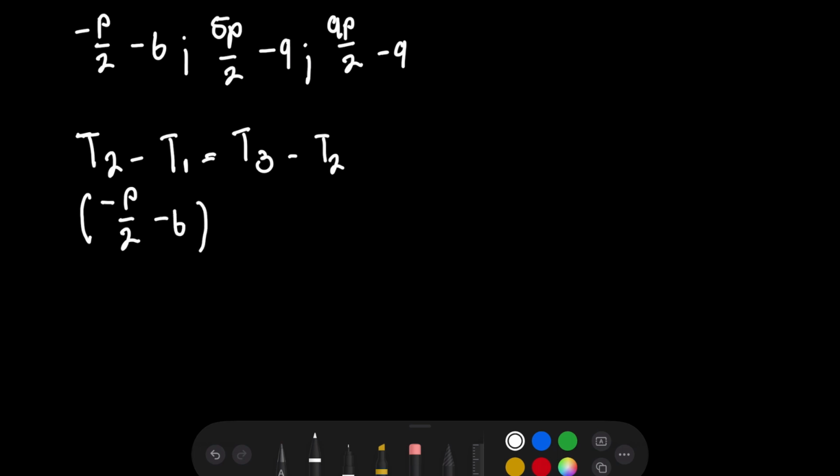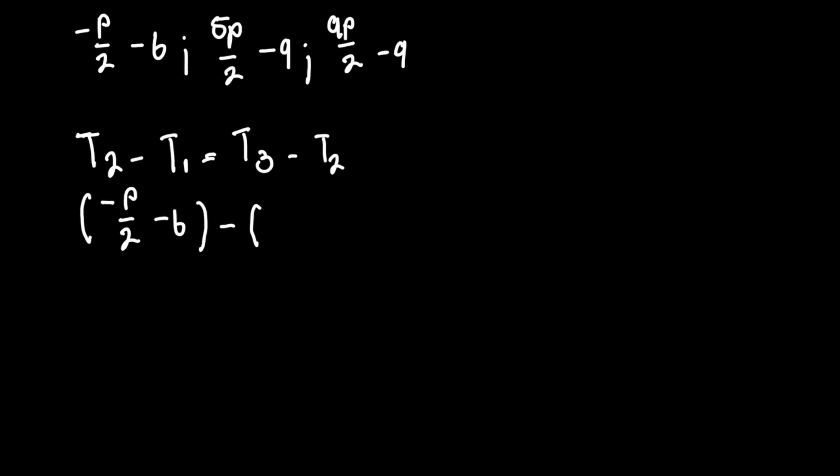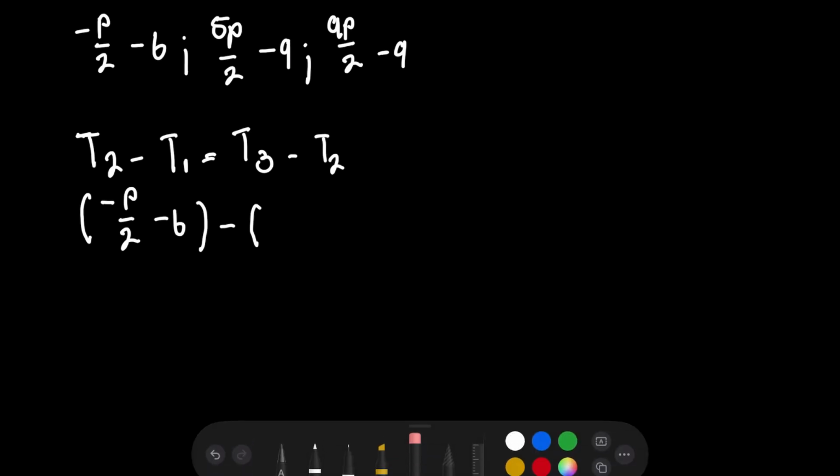Minus 6. Oh, I wrote the wrong term right there. My bad. Just give me a quick sec. That should be T2. So T2 is 5p over 2 minus 9, minus T1, which is that.